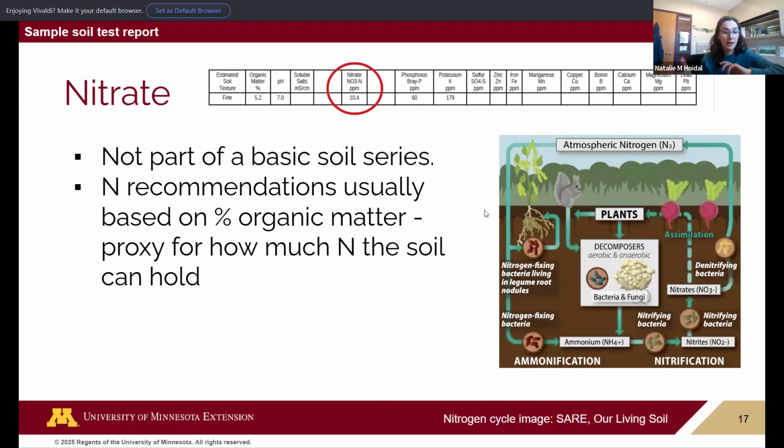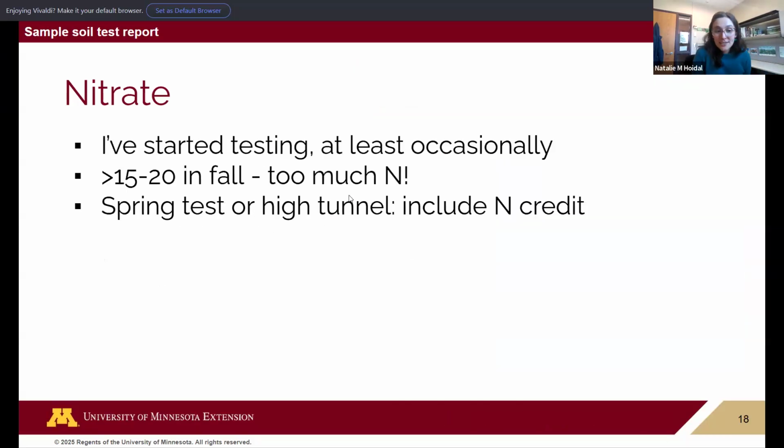And as a result, the recommendation on your soil test for nitrogen fertilizer is going to be based on your organic matter for the most part, unless you pay for a nitrate test, which is something that I actually have started to do more often, not to specifically make a nitrogen recommendation, but to get a little more insight.